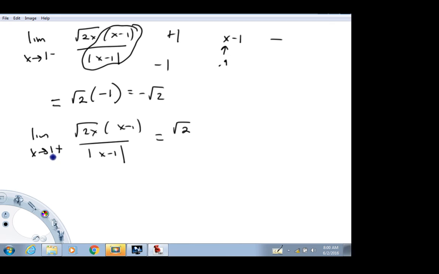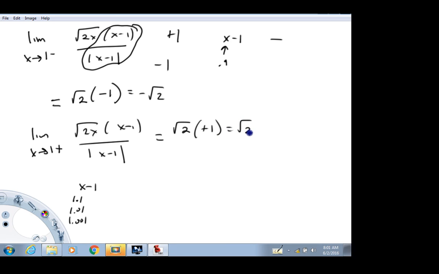However, it's doing so through positive numbers now, because if we look at the term x minus 1, and we imagine x approaching 1 from the right, these are numbers like 1.1, 1.01, 1.001, etc. 1.001 minus 1 is a positive value. This is still positive, so the ratio is positive. And because x minus 1 and absolute value of x minus 1 have the same magnitude, this ratio is now positive 1. So the result is positive root 2.